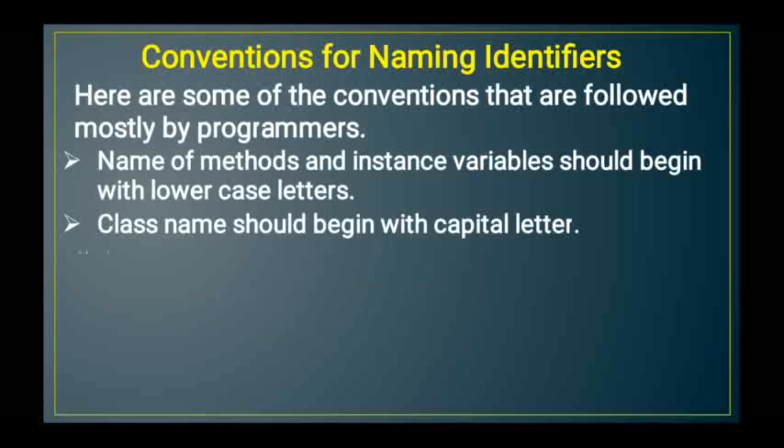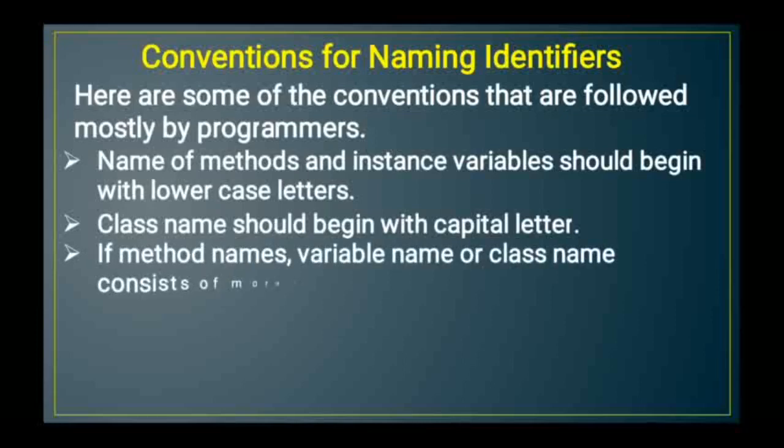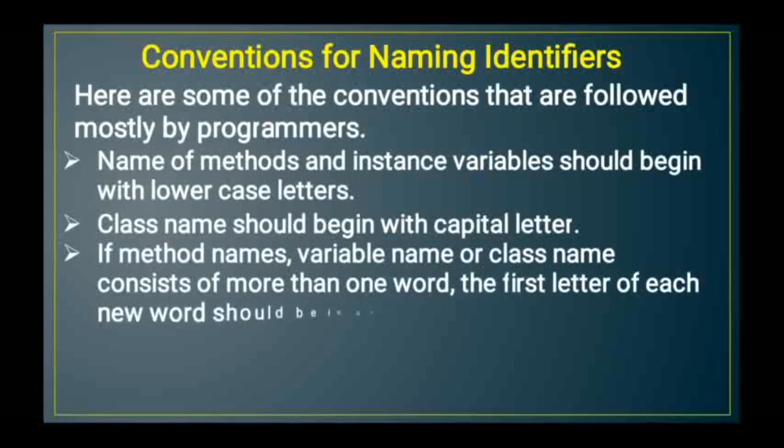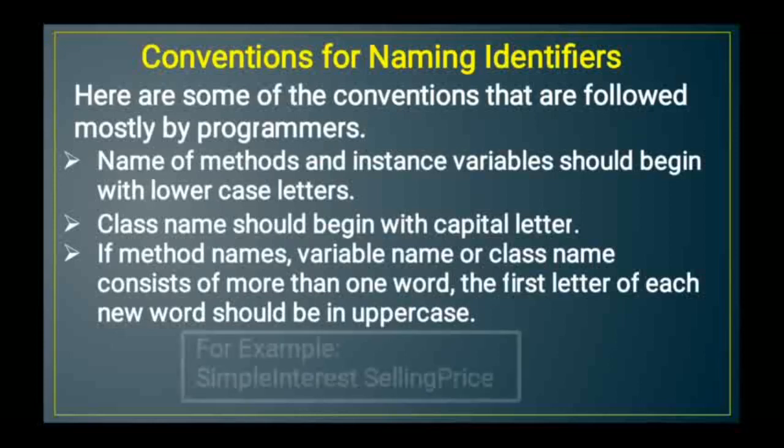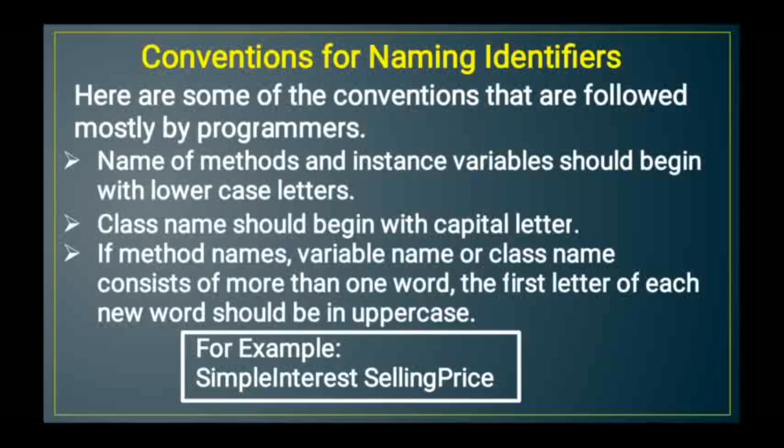The next: if a method name, variable name or class name consists of more than one word, the first letter of each new word should be in uppercase. For example, simpleInterest. I have a single name, simple interest, but it is simple and interest, two different words.